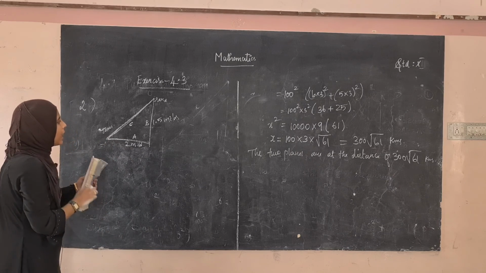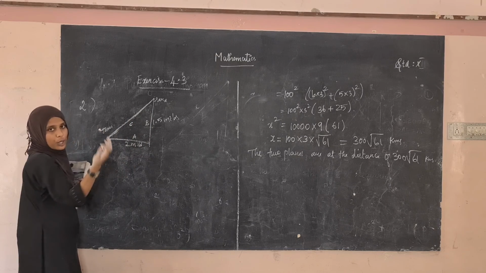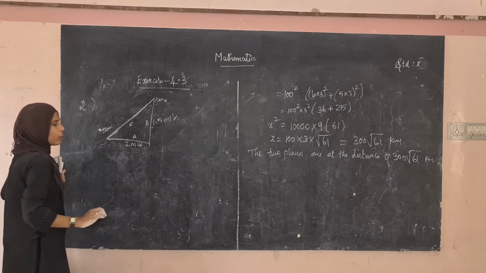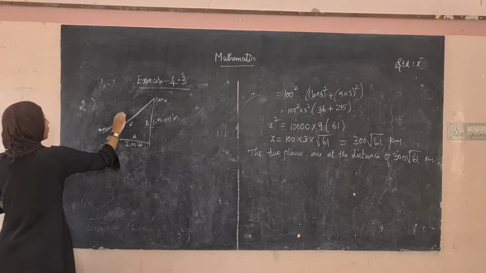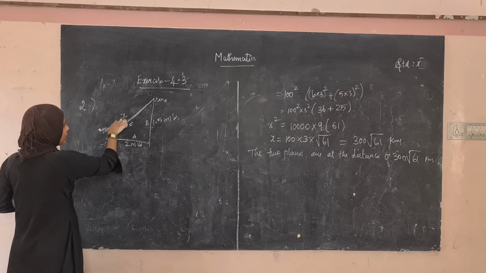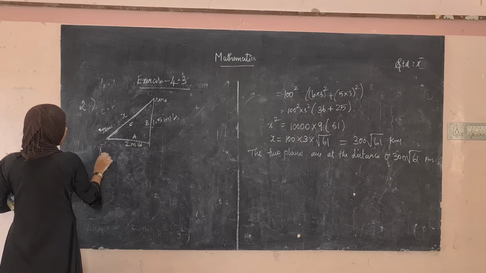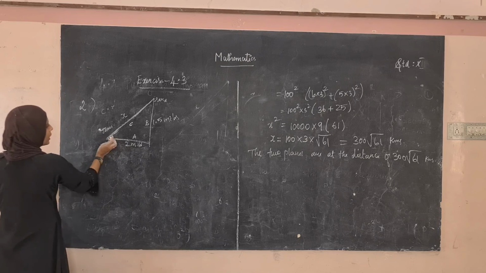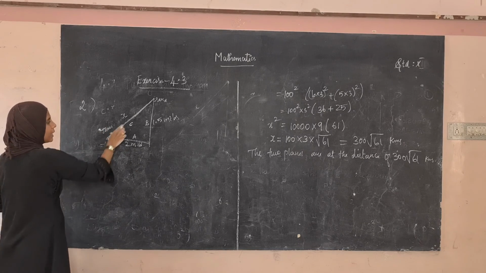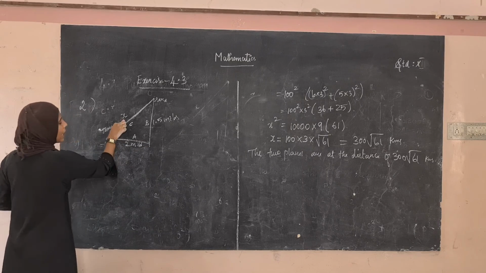Okay, so what they have asked is how much shorter this path is compared to the other path. So for this we have to find this. இந்த பாத்தோட distance கண்டுபிடிக்கணும். And this path's distance is C alone. And this path's distance is A plus B. So if we take the difference, we will get the shortest distance. Okay, for this we have to find this.